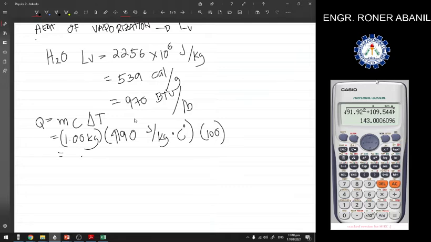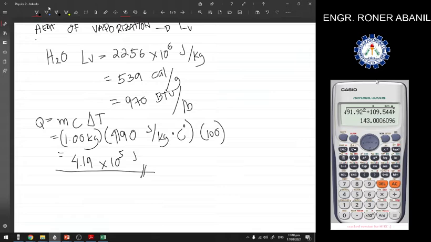So, ito ay tumataginting na 4.19 times 10 raised to 5 joules. So, para ma-compare natin, less than 1/5 as much heat is required for evaporation at 100 degrees Celsius.